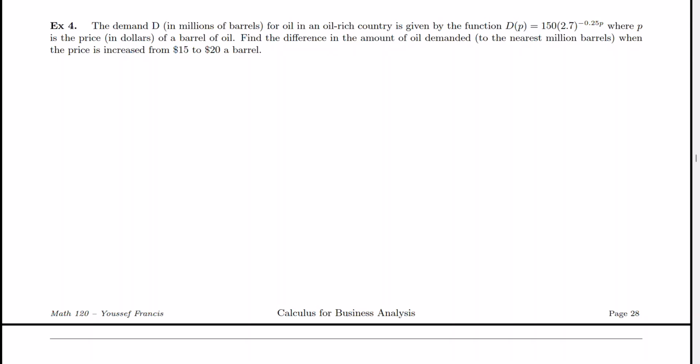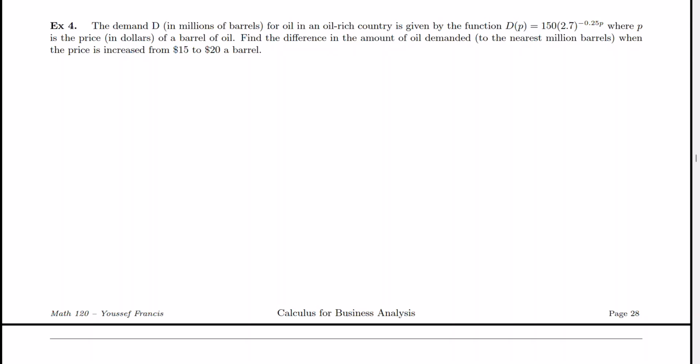So as you can see, this whole formula here is an exponential function because the variable is in the power. The base in this case is 2.7, and 150 is just a constant being multiplied by the base that has the variable exponent. P is the price in dollars for a barrel of oil, and capital D is the demand in millions of barrels.